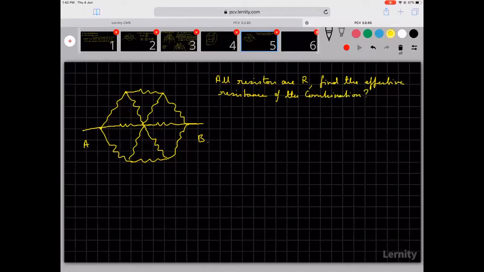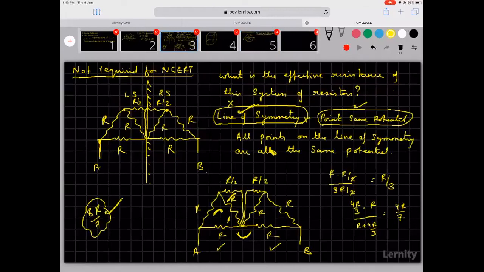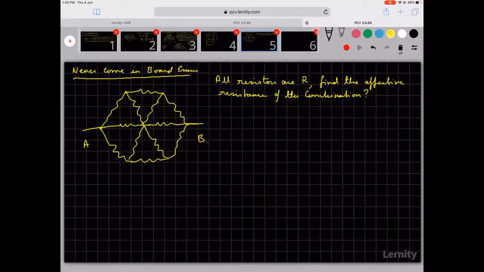This question also will never come in your board exam. This question also I have told you already. So here also I have a so-called line of symmetry. So what I did on one side earlier, now I do it on both the sides. Everything else is the same.